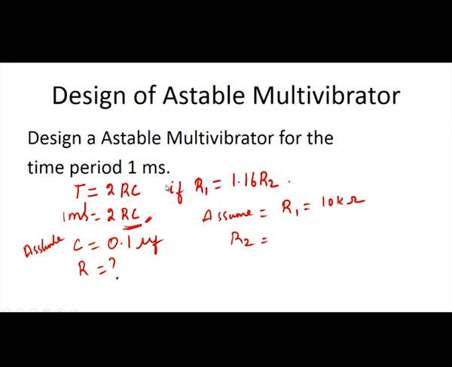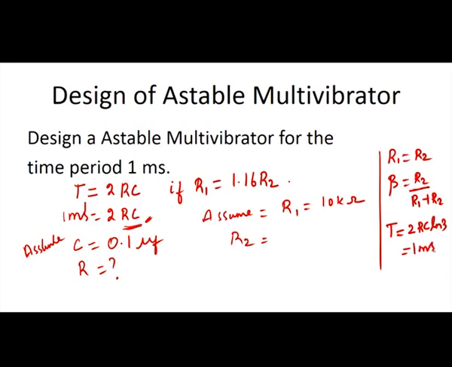If the resistors are R1 and R2, and if R1 is equal to R2, then beta is equal to R2 by R1 plus R2. In this case, T is equal to 2 RC natural logarithm of 3. So if you calculate, the time period must be equal to 2 RC, in that case, actually given as 1 millisecond.